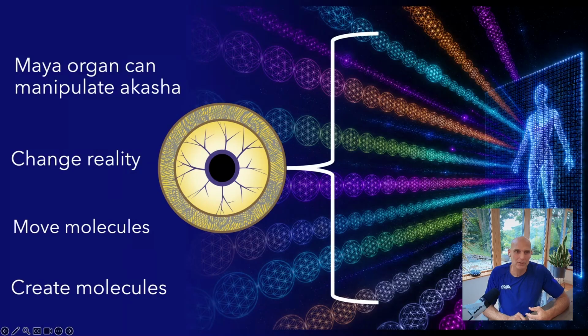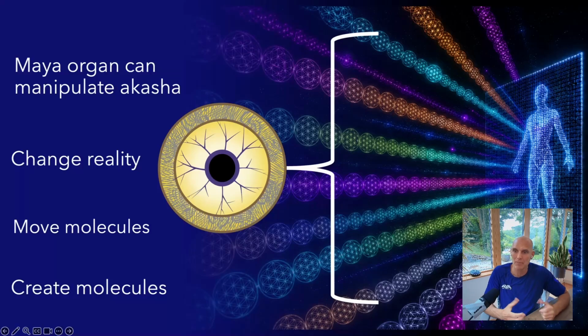Now, the male organ can manipulate the akasha. It can change the flow of akasha, which kind of means it can change reality. It can change the actual flow of reality around us before it even manifests. That means it can move molecules around if it wants.